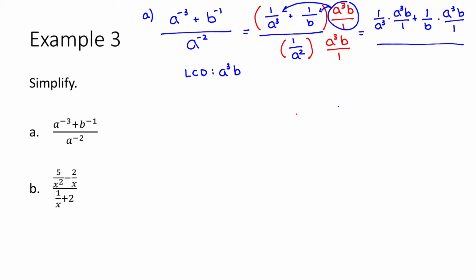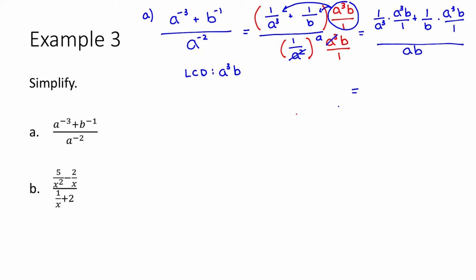And in the denominator, I just have the one fraction. I don't have to distribute, I'm just multiplying. So I'm going to go ahead and say a to the third divided by a squared gives me an a. So in the denominator, I have ab. I've already eliminated the fractions in the denominator.